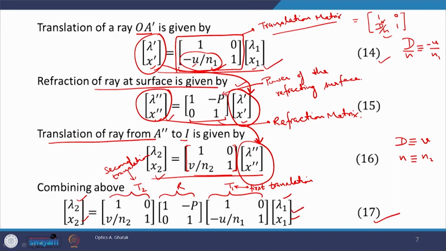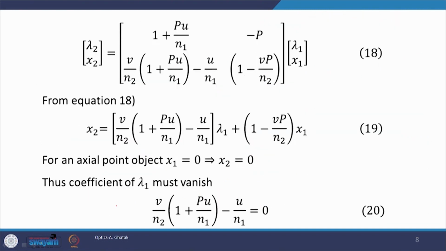We have your coordinate of point 1 as lambda 1 x1, then it is operated with translation matrix, and then the resultant with refraction matrix, and then finally with the second translation matrix. This gives you the resultant expression. Now, after all this multiplication here, the two translation and one refraction matrices are multiplied, and ultimately you get this 2 by 2 matrix.